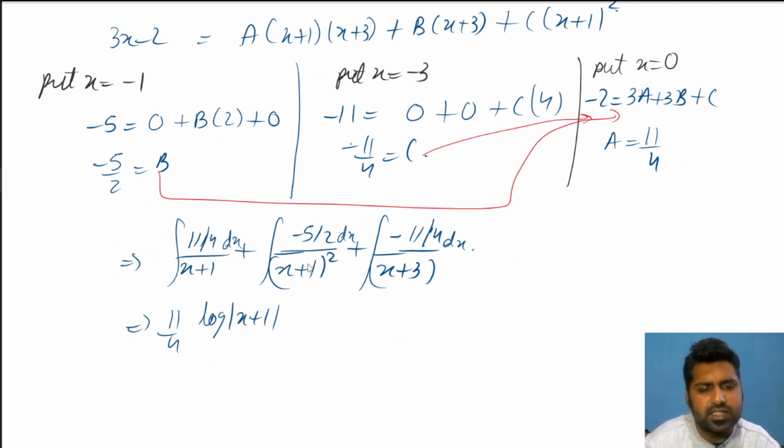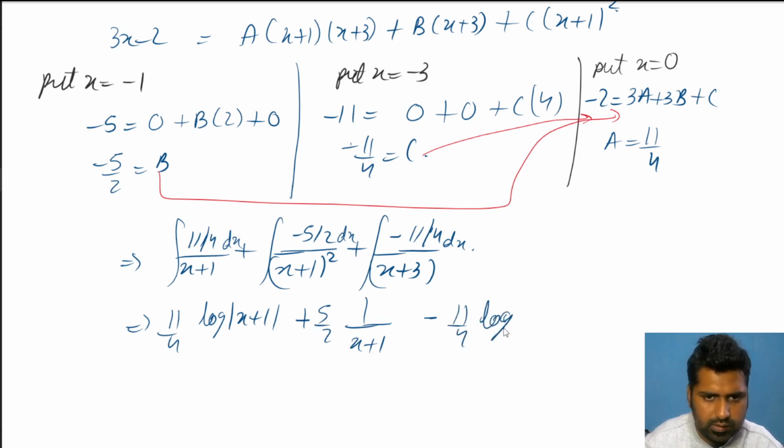This one is x plus 1 whole square, so use the ax plus b format. What is the integration of 1 by x square? That's minus 1 by x, so same thing, so minus of minus 5 by 2 plus 5 by 2, 1 by x, which is actually x plus 1 here, minus 11 by 4 log mod x plus 3 plus c.